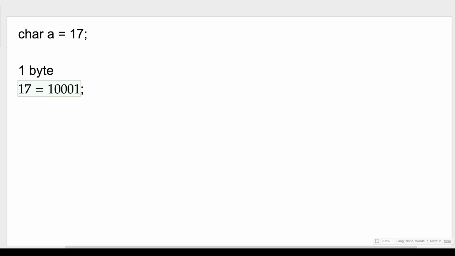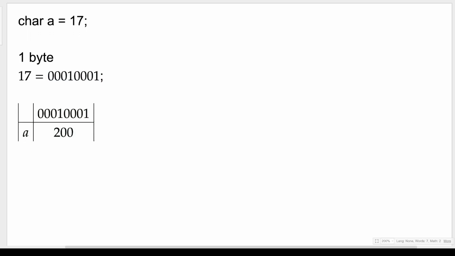The remaining 3 bits I'll fill with 0. So in my 1 byte of storage, that is 8 bits, let us say this is the address, say 200, and this is my variable a. My 17 in memory is stored in this way. This is the memory representation of 17.